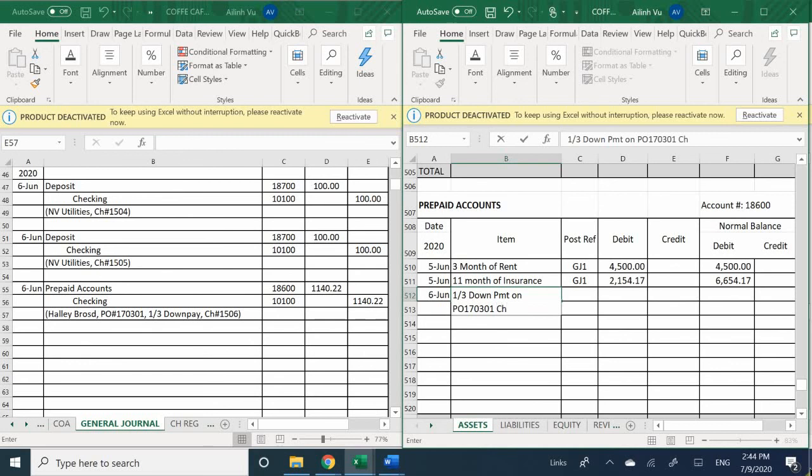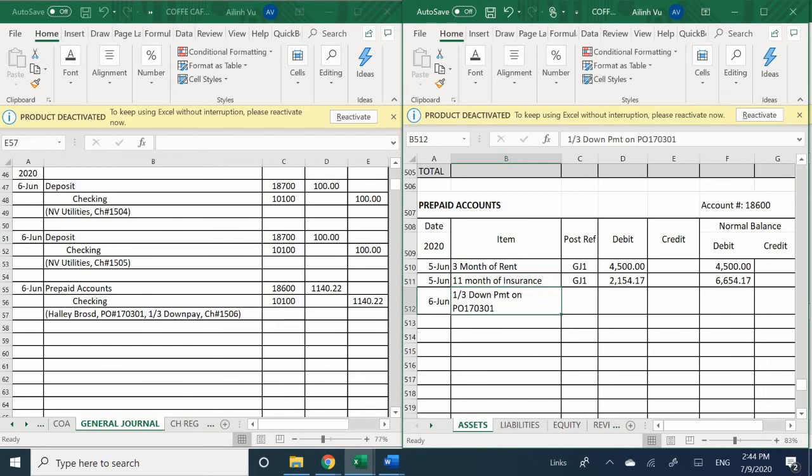And I'm going to indicate 1703. Okay. GJ2. All right. GJ2 is correct.